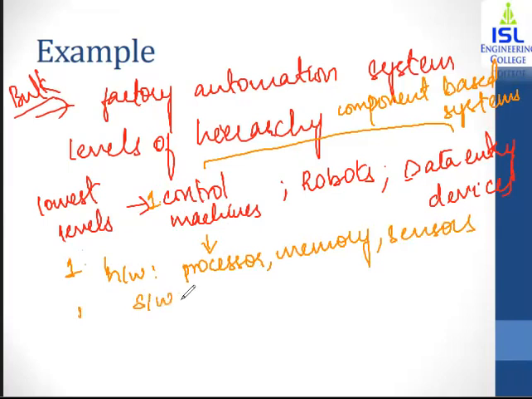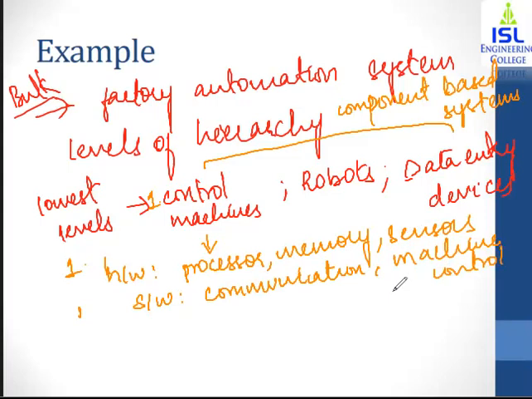Coming on to software, by making use of the software, you're going to perform communication, give different machine controls, that is what the machine needs to do, the specific task, or interpolation, that is entering some specific values, giving input to the software. Then the next one is the database. The database is going to be the program that is used for the production of the software, or that is installed in every component based system, that is the control machines, the robots, or the data entry devices. Then next is the documentation.